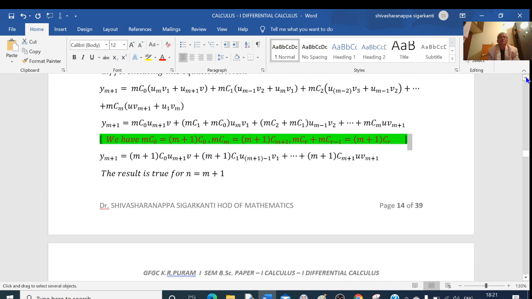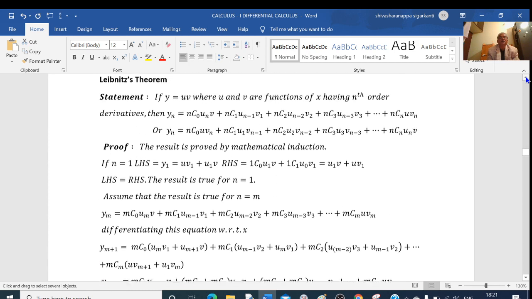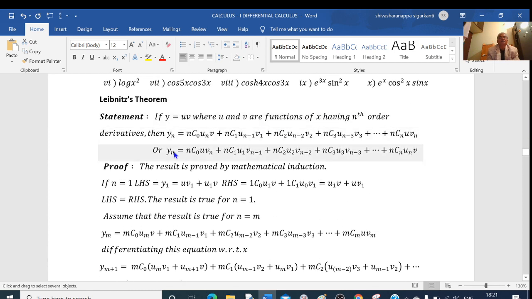Now for problems, what I do here is I will use the second one. See how I will use it: y equal to u into v is the given function. To find the nth derivative, first I will write NC0, which is nothing but 1, I will write u and I will write the nth derivative of v. That is, choosing the functions u and v, we must know the nth derivative of one function.